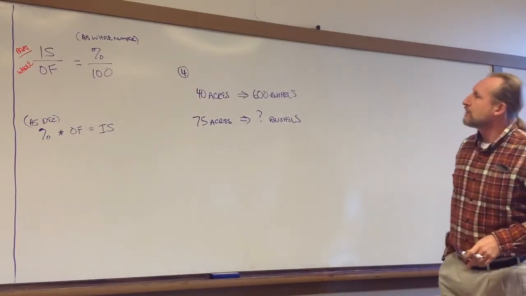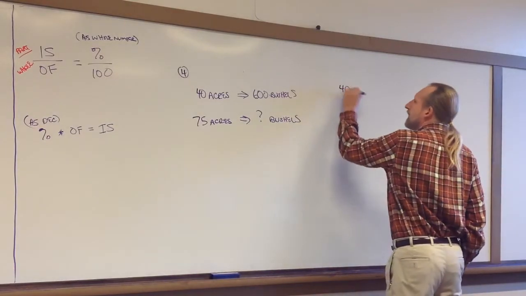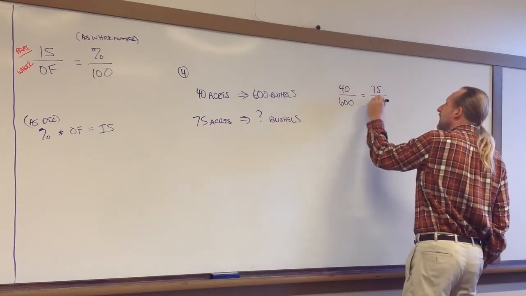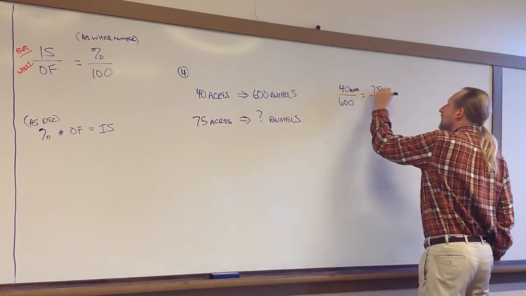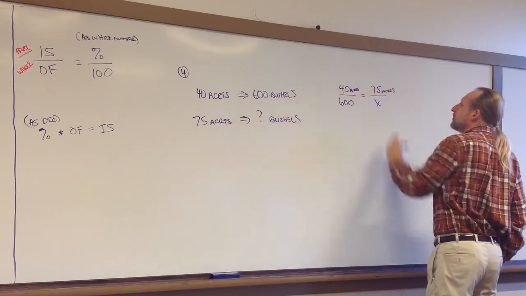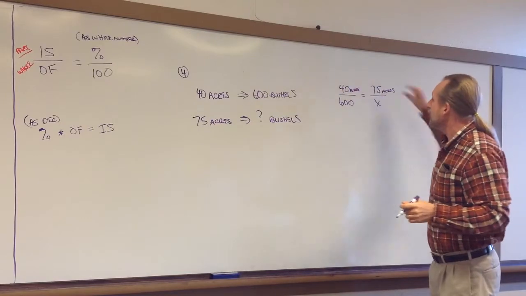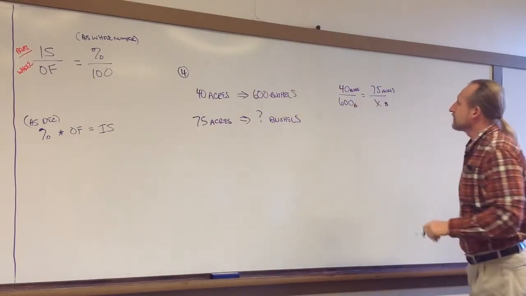But something you can always fall back on is a proportion, right? 40 acres gives you 600 bushels. 75 acres will give you X bushels. And remember, it's important to set up your units in alignment with each other, right? These are the bushels down here, these are the bushels down here.